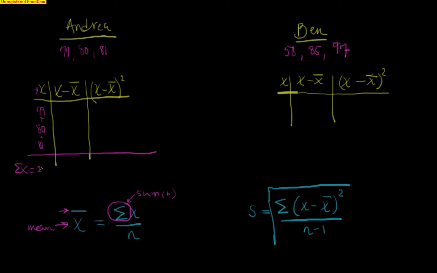So this fancy little symbol here means the sum of my X variables, which is 240.